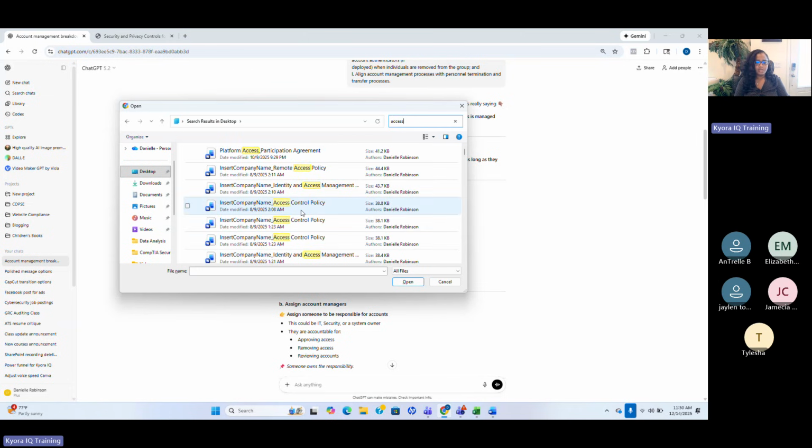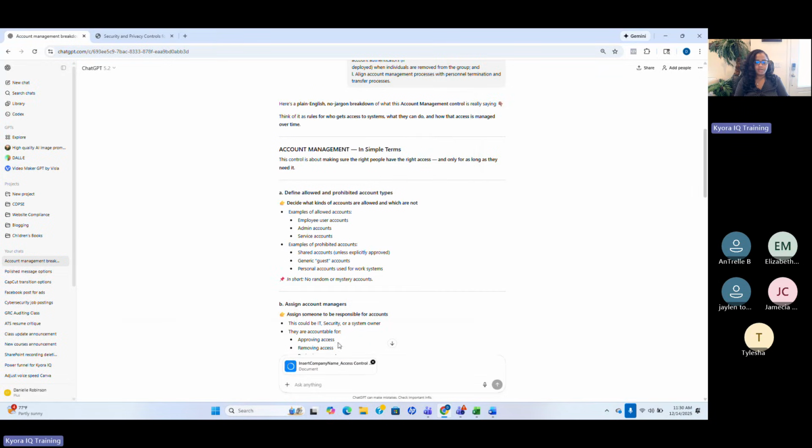Access control policy. You can upload the document. You want to make sure that you have ChatGPT Pro to get the most efficient response. And you can say, what NIST controls are present in this policy.